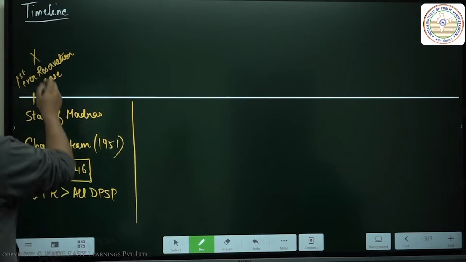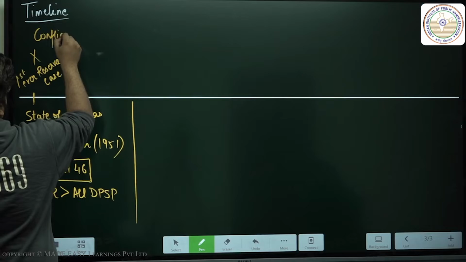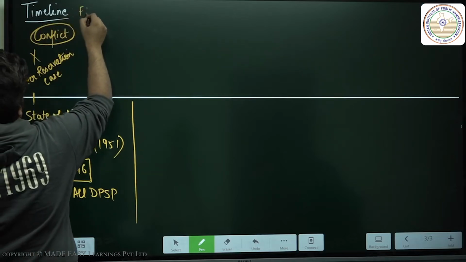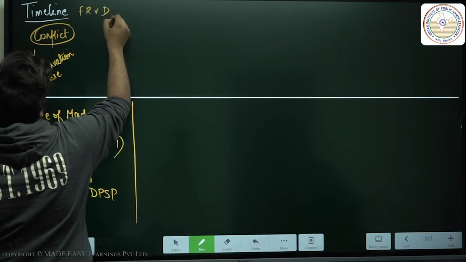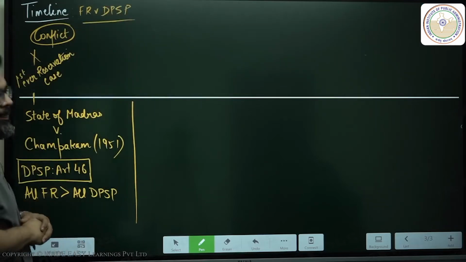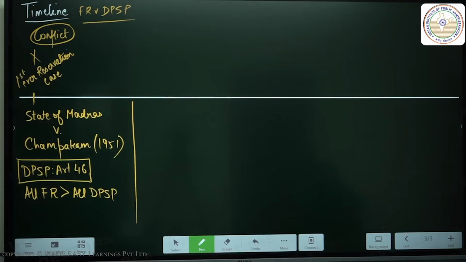And the first development represents a conflicting phase of our discussion on fundamental rights versus directive principles of state policy. Okay. Fundamental rights versus directive principles of state policy. Do we understand this? Is this okay?